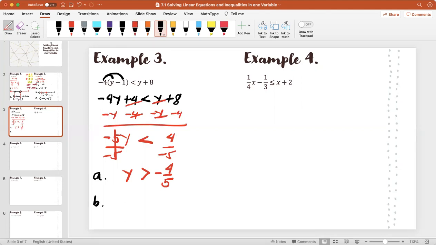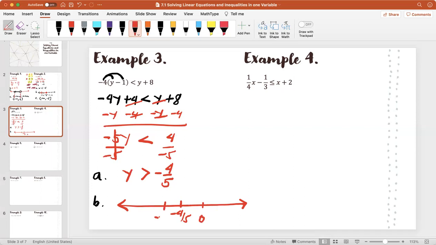So graphing it. Now we have a negative 4 over 5. Negative 4 over 5 is in between what number? It's in between 0 and negative 1, right? It's closer to negative 1, right?